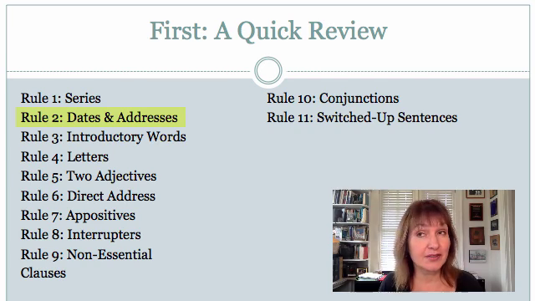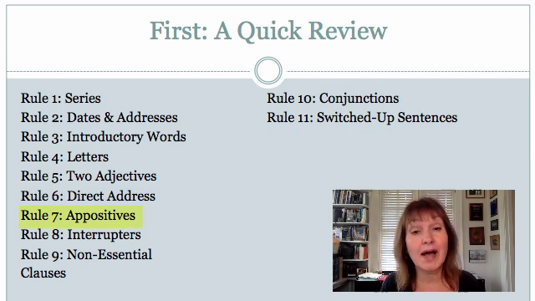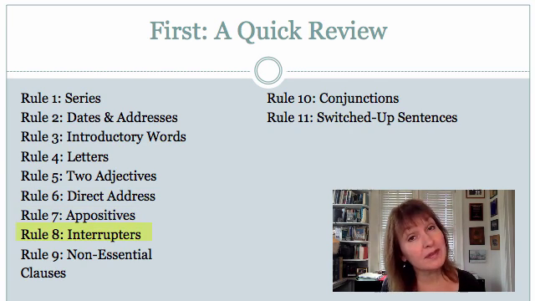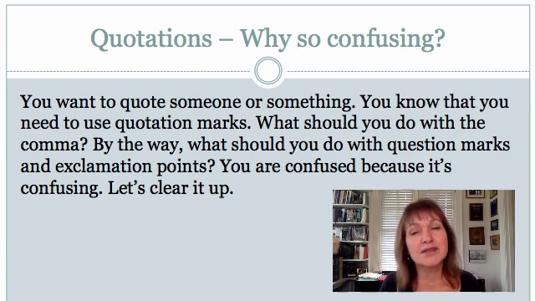First, let's look at these rules that I'm sure you already know. Series, dates and addresses, introductory words, letters, two adjectives, direct address, appositives, interrupters, non-essential clauses, conjunctions, and switched up sentences. I bet you already know these rules. So, why are quotation marks so confusing?